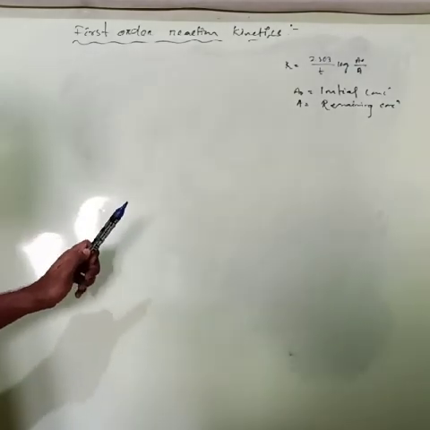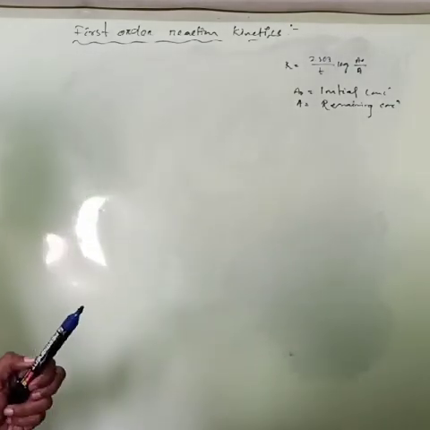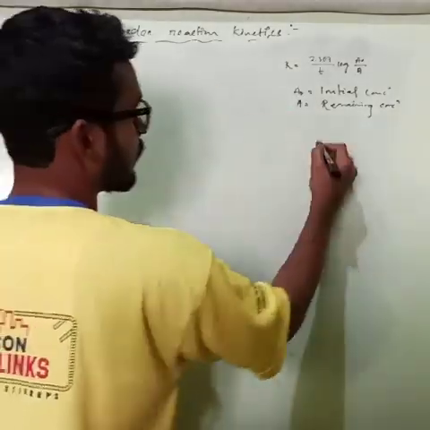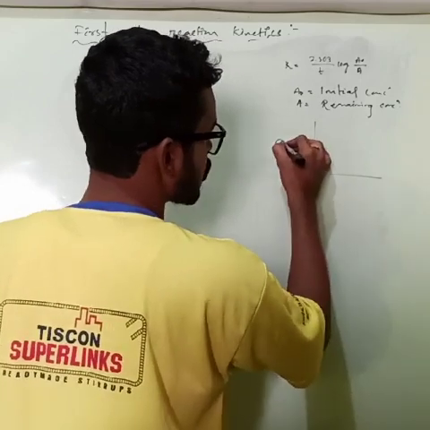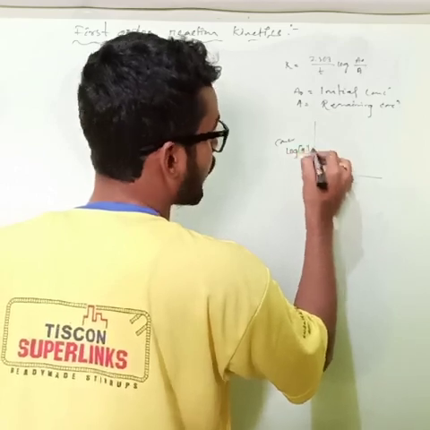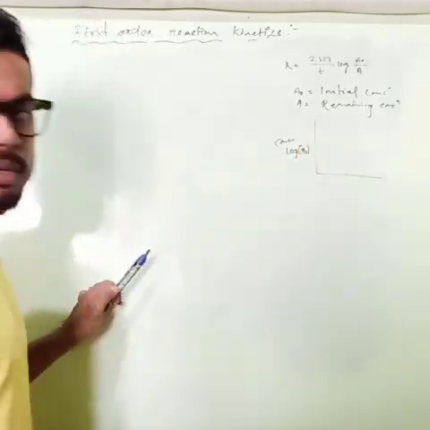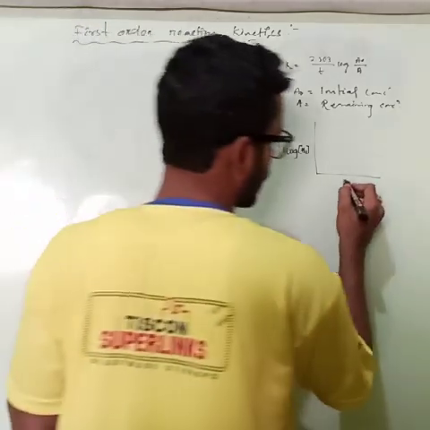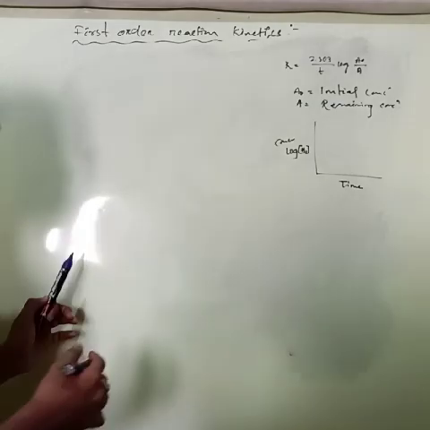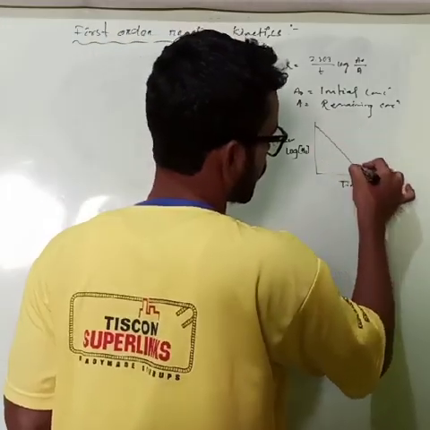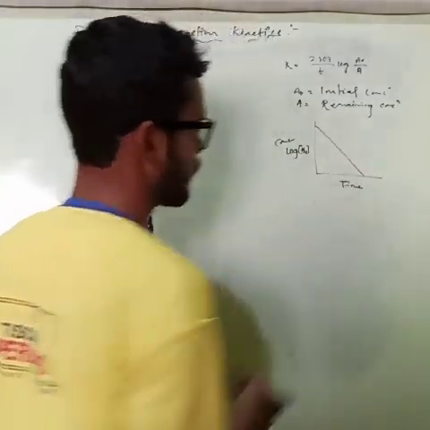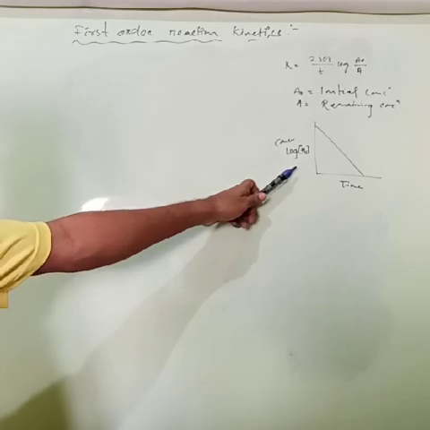If you plot a graph between log a concentration versus time, you get a slope.